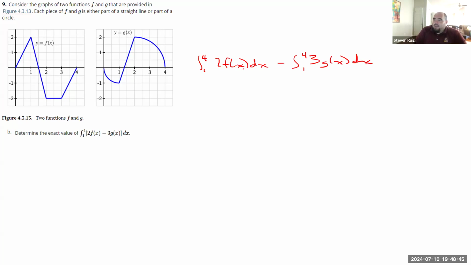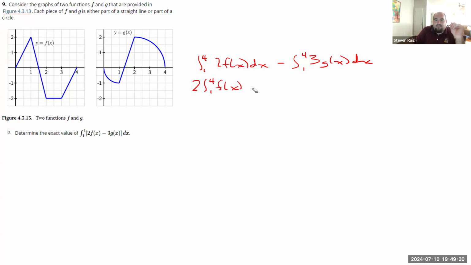Something else we can do, we have constant multiples inside these integrals. The integral of a multiple of a function is equivalent to the multiple of the integral of that function. So kind of analogous to derivatives. If you want to take a derivative of a function and it has a constant multiple with it, you can leave the constant multiple off to the side and deal with the derivative and then reapply that constant multiple.